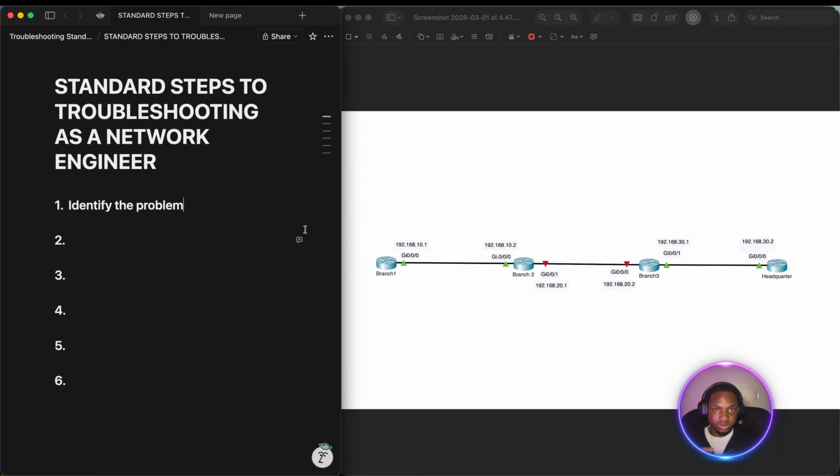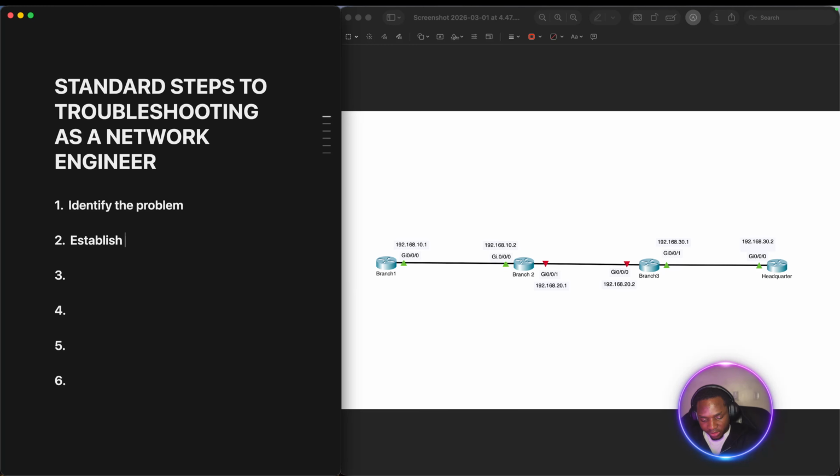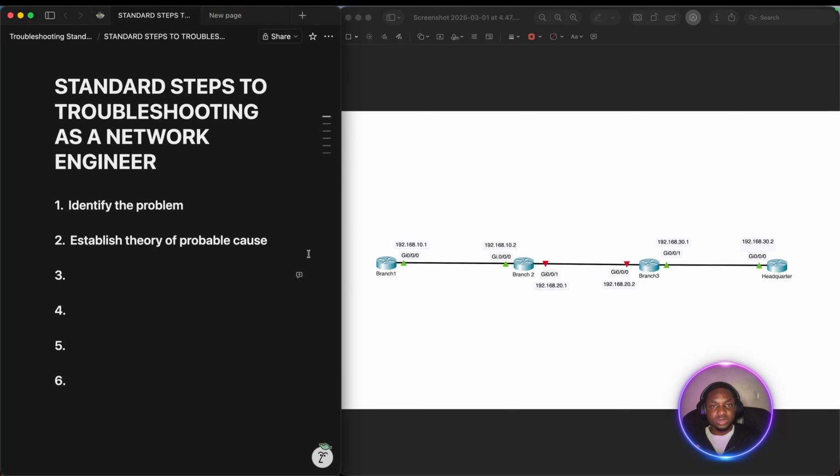That takes us to our next step, which is to establish a theory of probable cause. This is where your expertise, your experience, and your knowledge come in. Based on the problem we have at hand, what are the probable causes? What could possibly be leading to this issue?